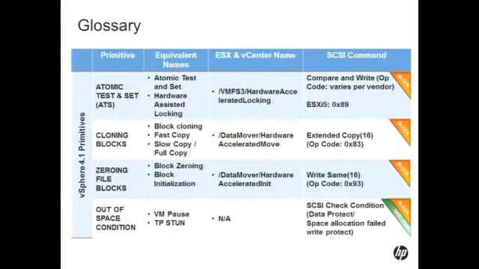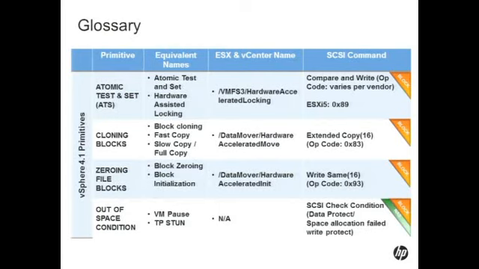Here's an excellent slide that Abubakar put together giving you a summary of the primitive names that I discussed, the equivalent names, and the options you'll notice within vCenter when you go to the command line. For example, atomic test and set under VMFS3 is noted as hardware accelerated locking, and the specific opcode varies by vendor.